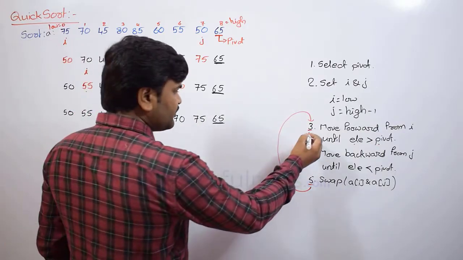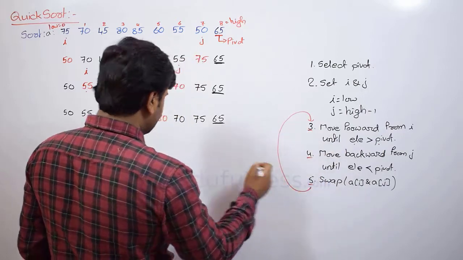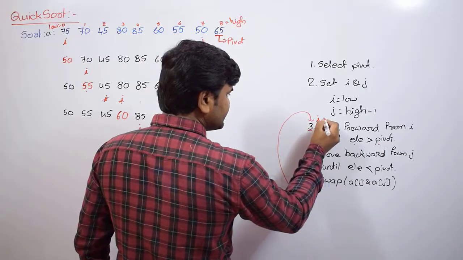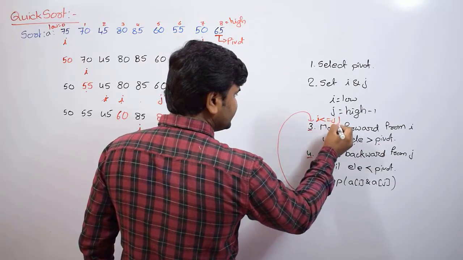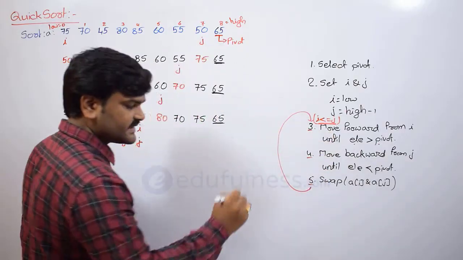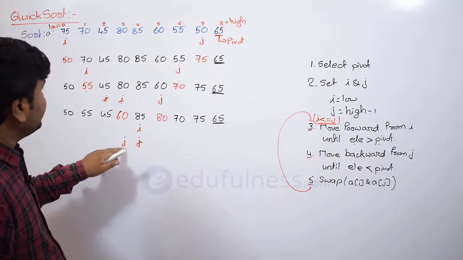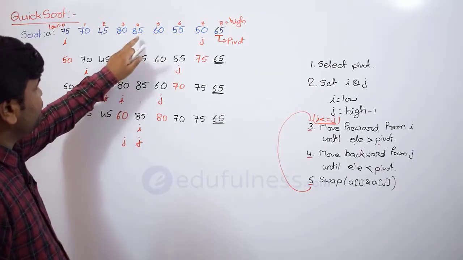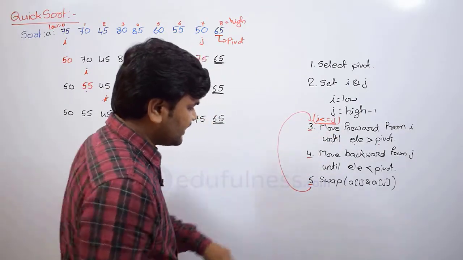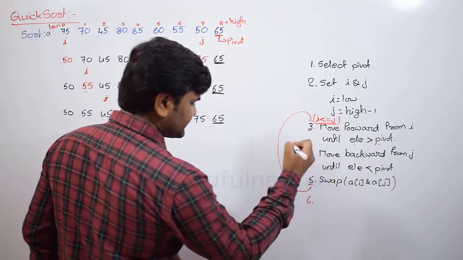So now the moment I is less than or equal to j, you will do these three steps. But here j is 3, I is 4, and 4 less than or equal to 3 is false. So now you are moving to the sixth step.